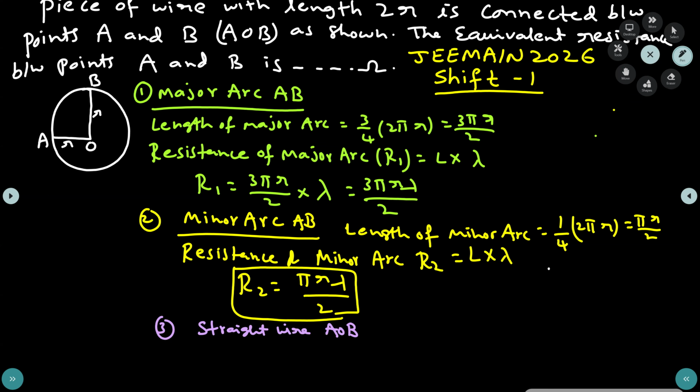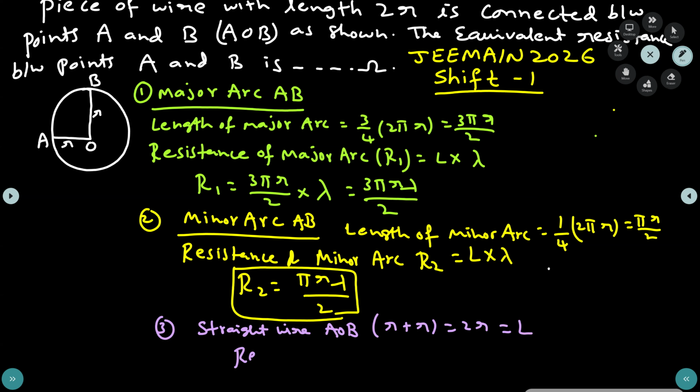Clearly AOB contains two radii, r plus r is equal to 2r. This is the length of the AOB path here.